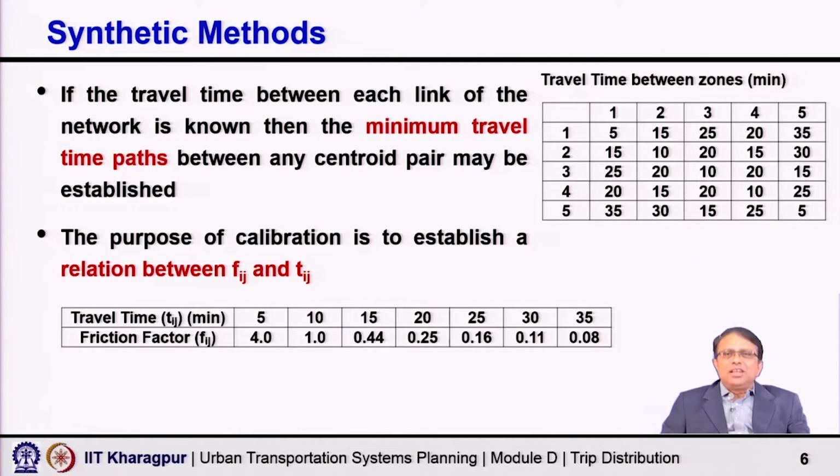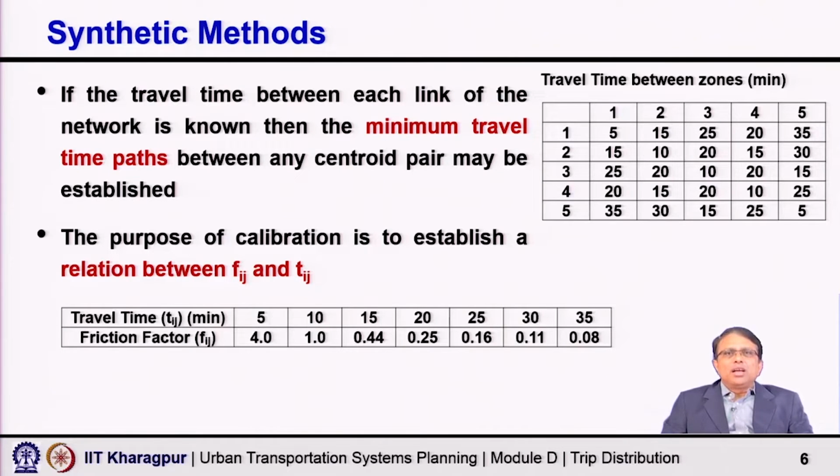Then, as I said, the travel times are known. How are travel times known? Again, it is a network, so there will be multiple connections, multiple paths. So, you have to get the minimum travel time path, or the shortest path, and those travel times you will put in the particular cell.